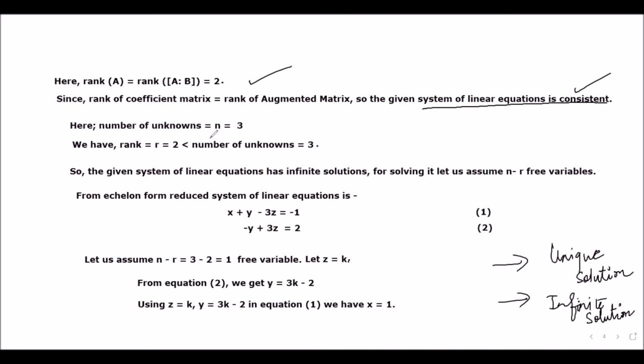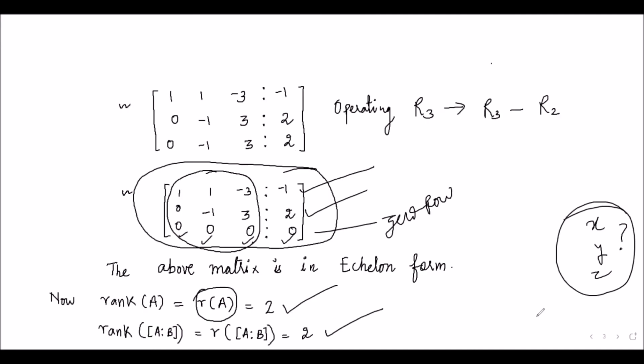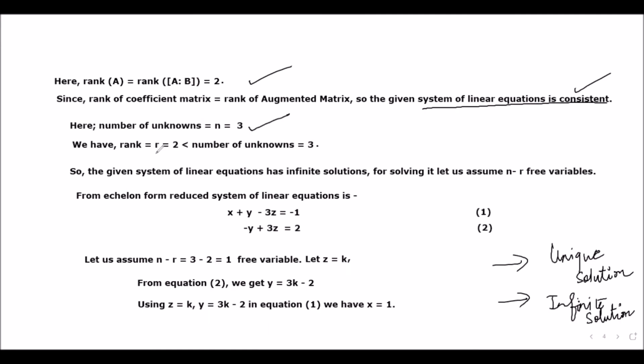So how many unknowns do we have? We have 3 unknowns here. And what is the rank? We have just evaluated that the rank is 2. So the rank, which is 2, is less than the number of unknowns, which is 3. From this, we can conclude that it is a case of infinite solutions, meaning the given system of linear equations has many solutions.